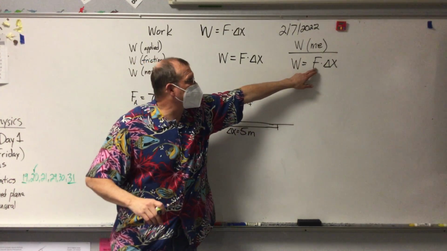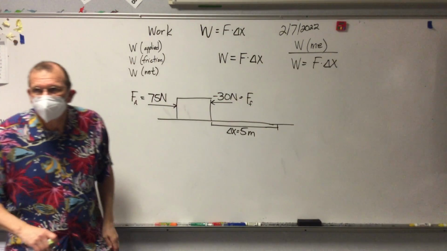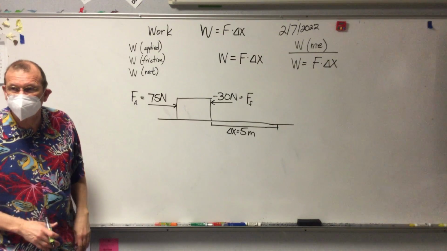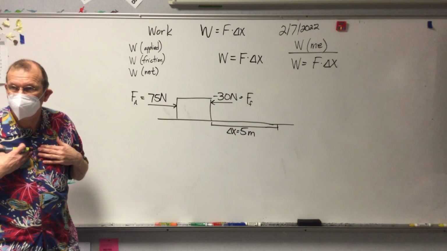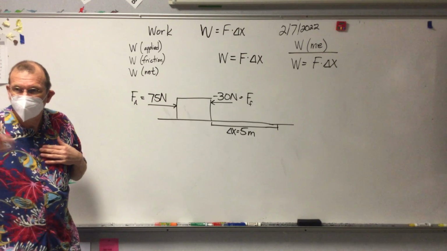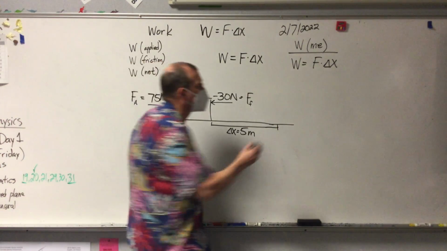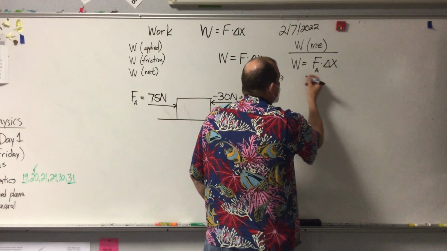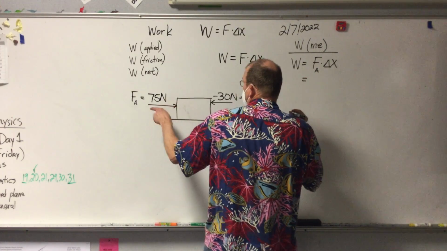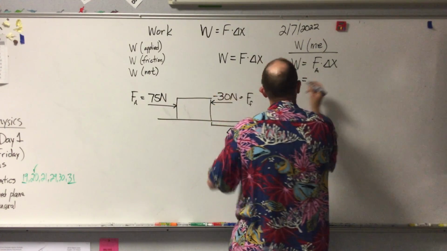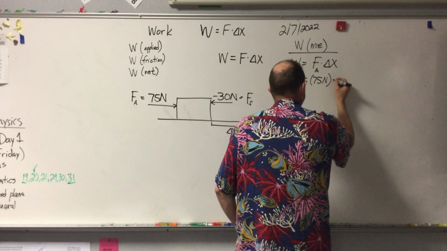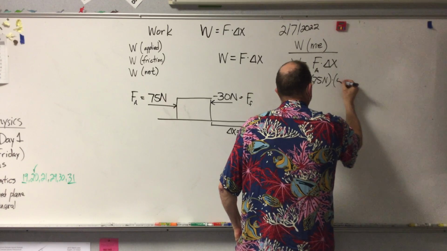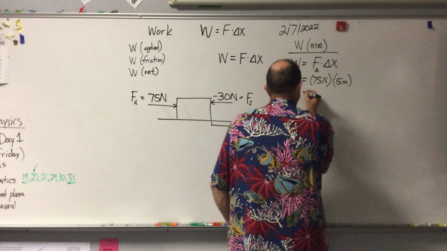But which F would go in this equation, this F times delta X, if I'm worried about how much work I am doing? Just me. F of A. So for this, I would not worry about this, I would say I'm going to do 75 newtons, and I'm multiplying that by 5 meters.